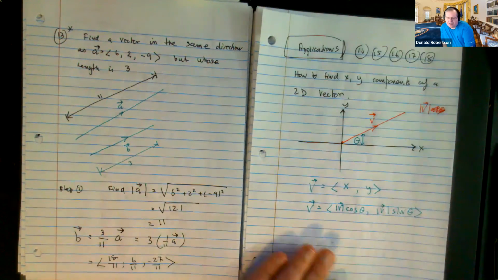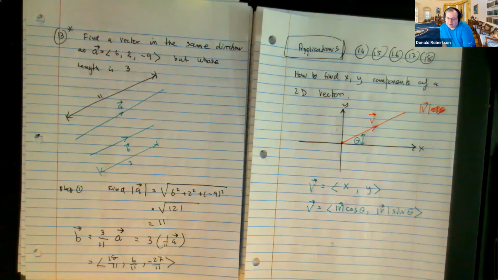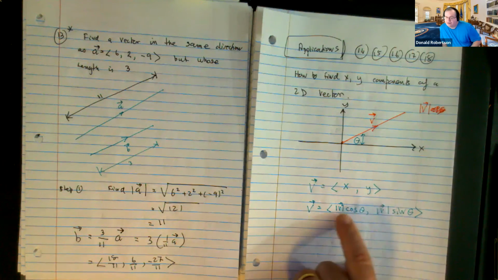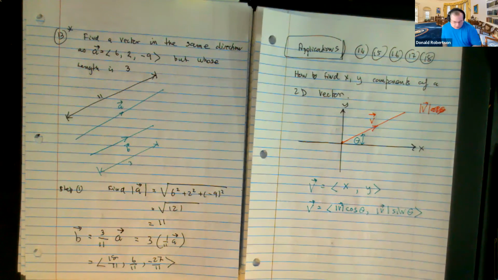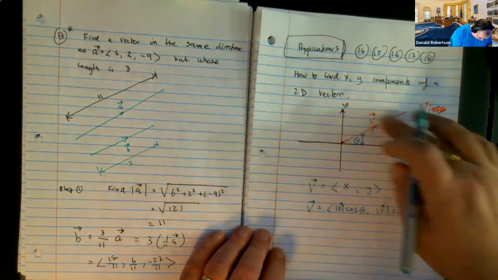I know it's a while back, but can you remember trig and doing x equals r cos theta and y equals r sine theta? Remember polar coordinates? The r is the magnitude of the vector, so this is essentially the same equation. So that's basically how you find the components.